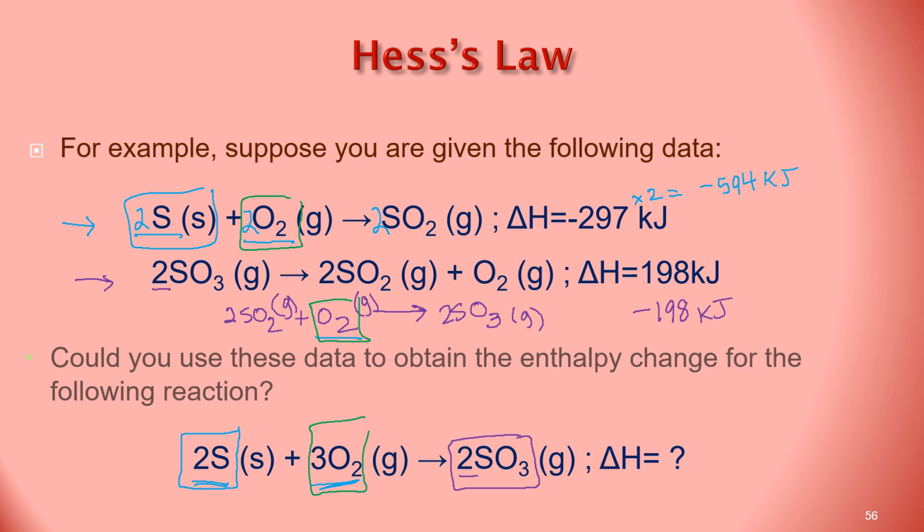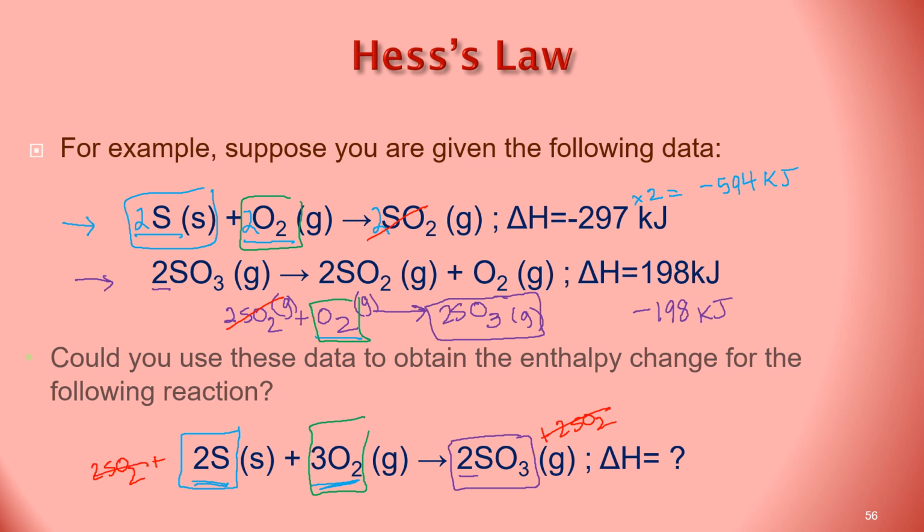But now if I look, I'll go back with my purple, SO3, so I have 2 SO3 on the right, and I have 2 SO2 on the right and 2 SO2 on the left, and so they will end up canceling. If I wrote the whole thing out, you'd see I could put like 2 SO2 here and 2 SO2 here, so of course they will cancel out.